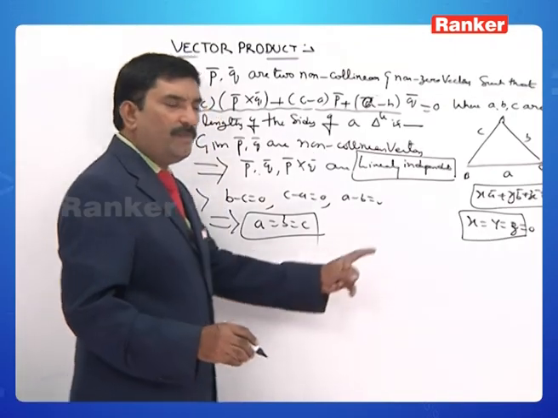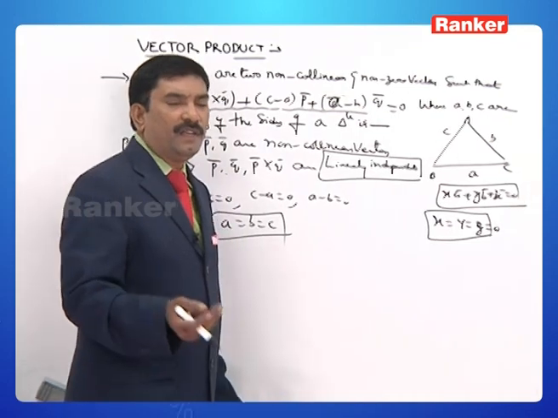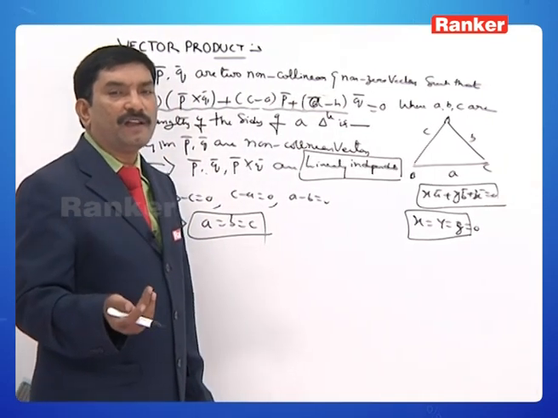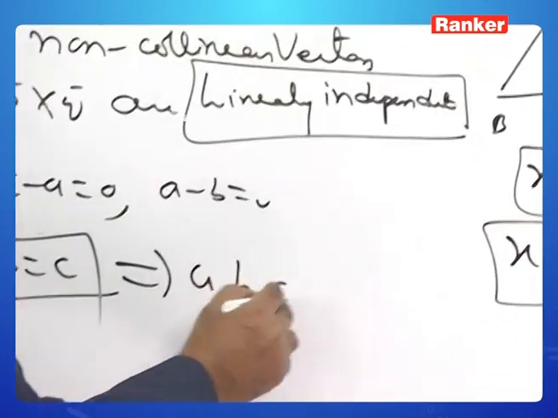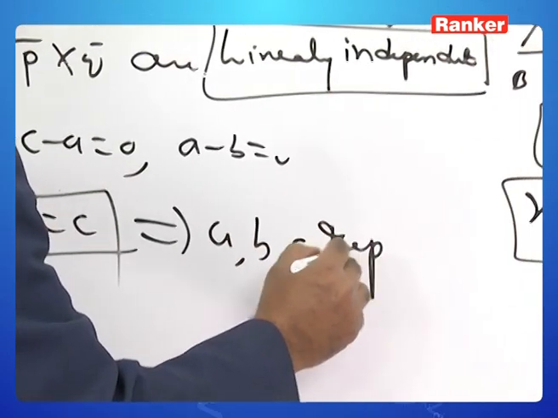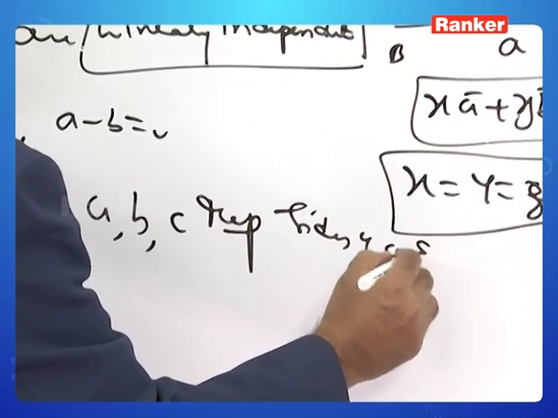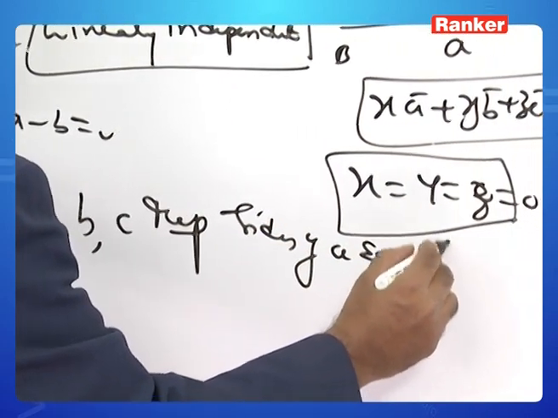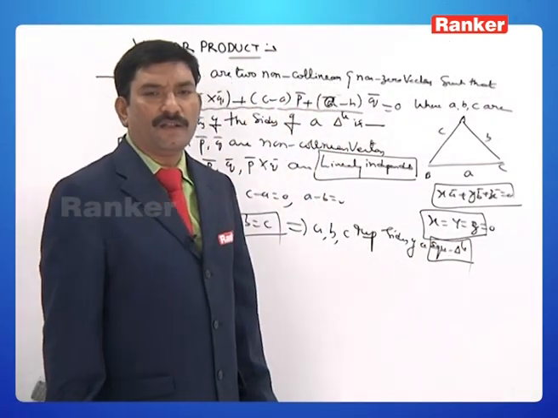Since a, b, c are lengths of the sides, when the lengths of the sides are equal, they represent an equilateral triangle, which implies small a, b, c represent sides of an equilateral triangle. What triangle? Equilateral triangle. Right.